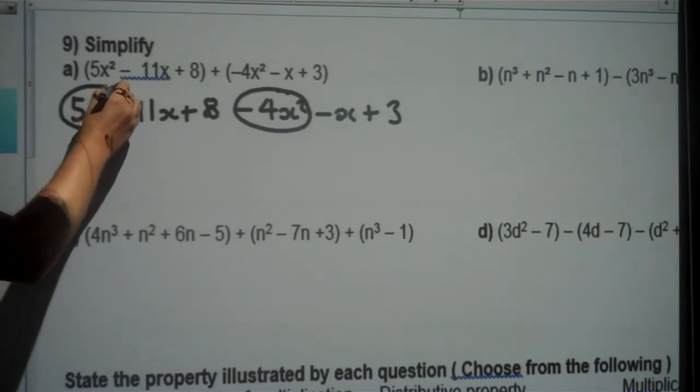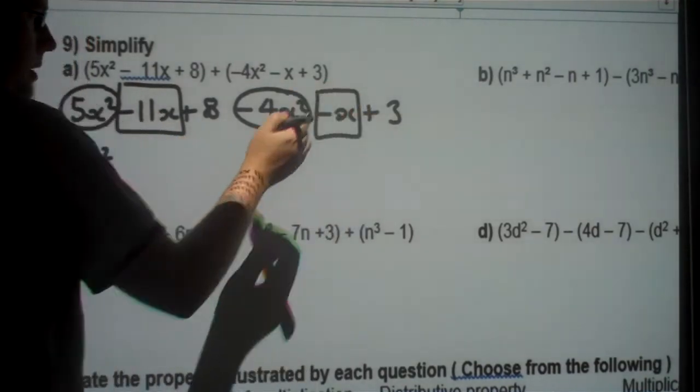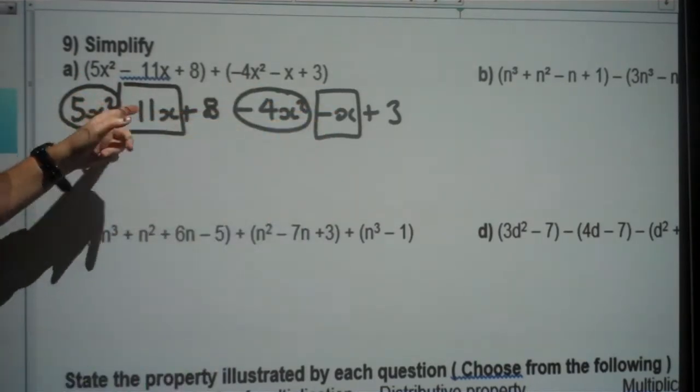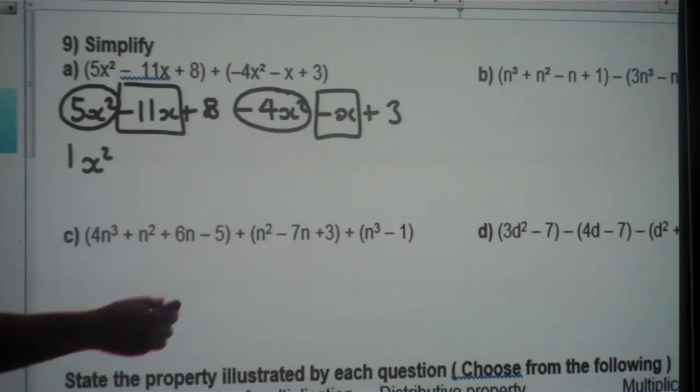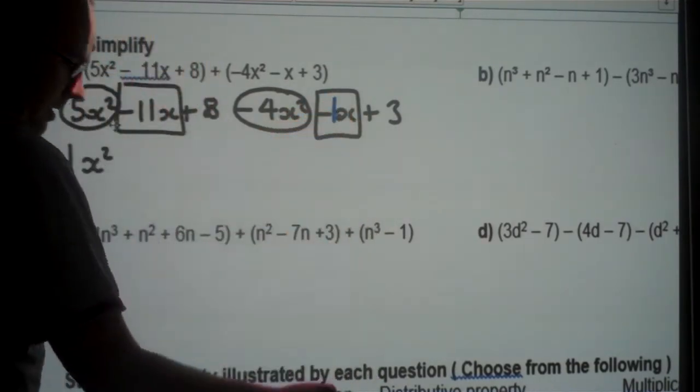Now when we come to the next one, I'm going to use a different shape for this one. I've got negative 11x take away x. So it is important that you look at the sign in front, because it's not 11x take away x, it's negative 11x. So also, when there is no number in front, remember that means that it's just one of the variable.